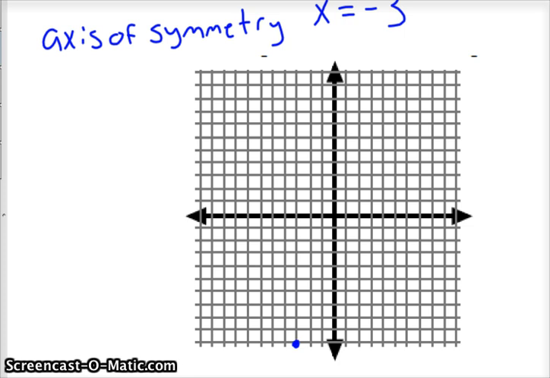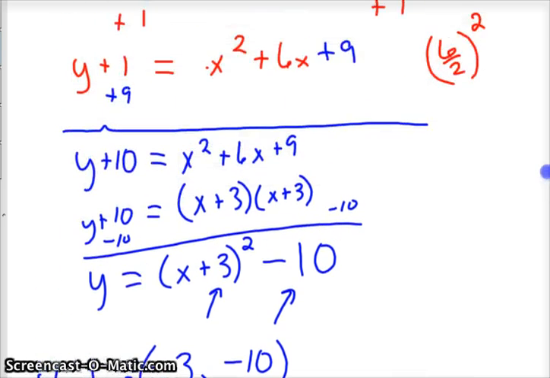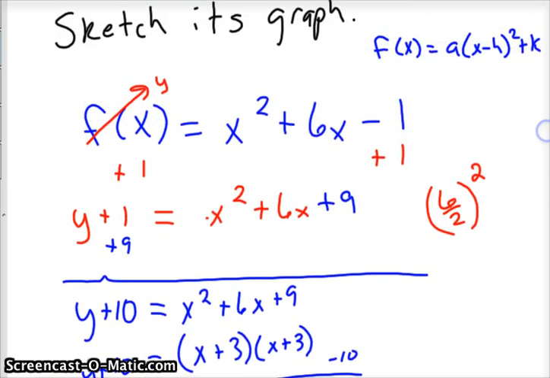Your axis of symmetry is a dotted line through that, and I'll do it in a different color. It's really not part of your graph, I mean, you're not plotting anything there. But there's your x equals negative 3. Basically anything on the left of that line can be mirrored with anything on the right of that line. I'm going to go ahead and find one more point for sure.